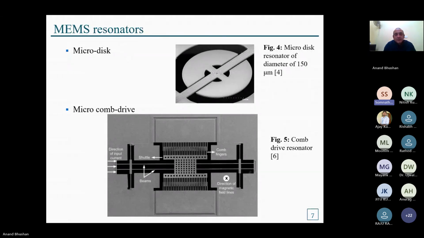If you look at our mobile phone, you'll find that it is there as an accelerometer sensor or as a gyroscopic sensor. So the comb drive is very much used. One important thing is that for a small range, it has some linear type of characteristics in actuation. It is the most widely used actuator or even sensor.